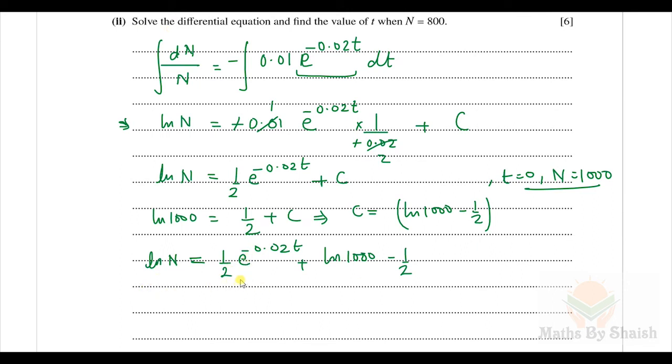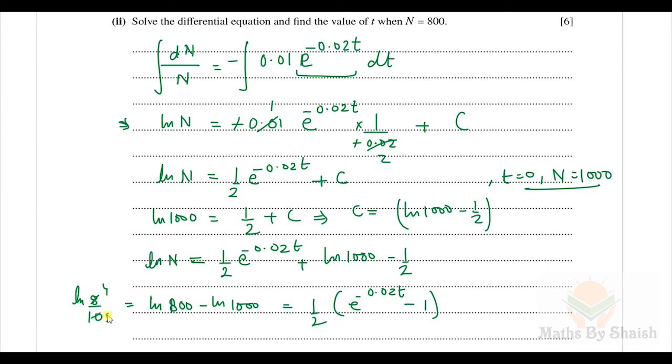Now we need to find the value of t when n is equal to 800. So we put n is equal to 800, and I can transfer this thing to the other side. We will get ln 800 minus ln 1000 is equal to 1 upon 2 times e raised to the power minus 0.02 t minus 1, and this is ln 800 minus ln 1000, so minus means division, so we will get ln 8 over 10, that is 4 over 5.